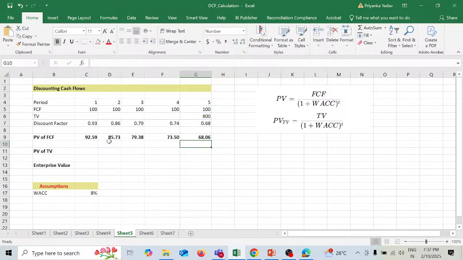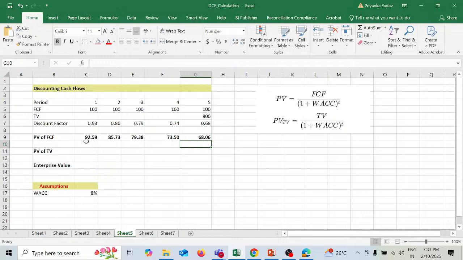So this is your 100 in the first year. These are your future cash flows. You're assuming 5 years, and 100 is the estimated future profit. If you discount it at the present rate, this profit will presently be at the discounted value.